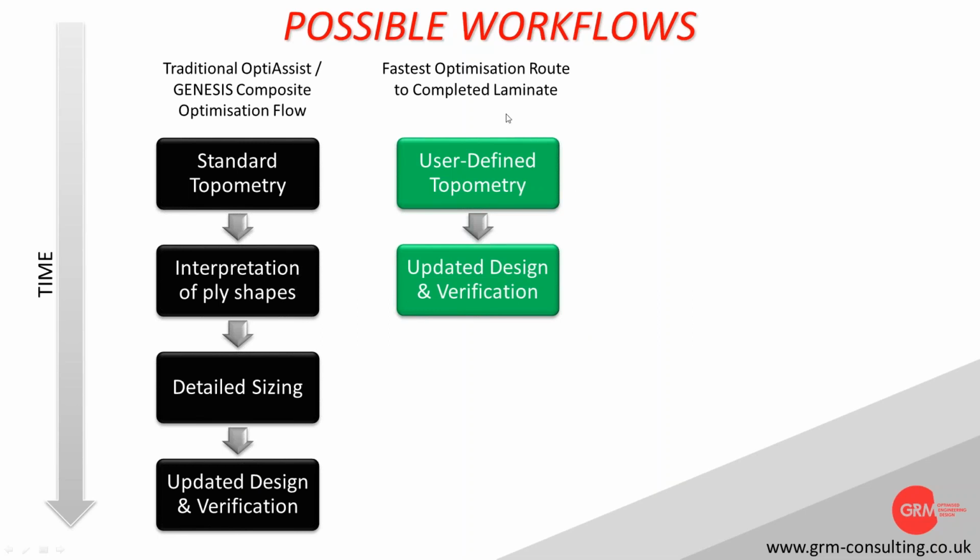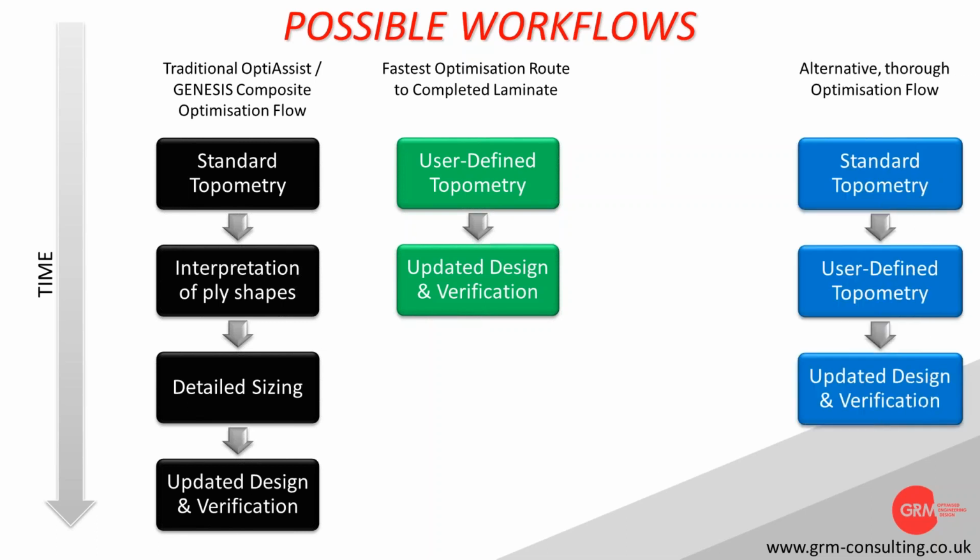I think key thing though is when there are time presses, you can take your ply shapes, effectively put your candidate plies that are almost the plies you're going to make, but you can subdivide them how you want to. Optimize that, update, and you're pretty much straight to a design. So that's almost the fastest route. Some compromise on pure performance, but much faster.